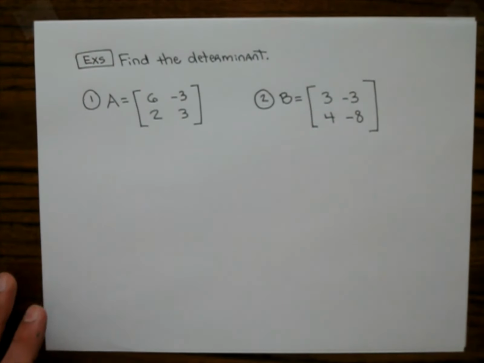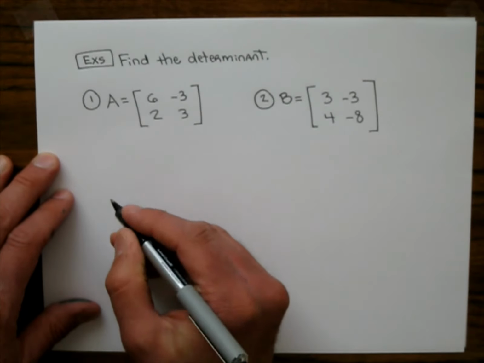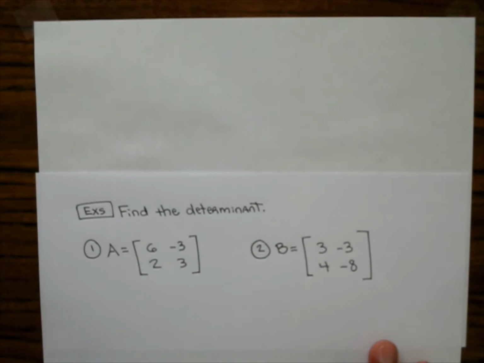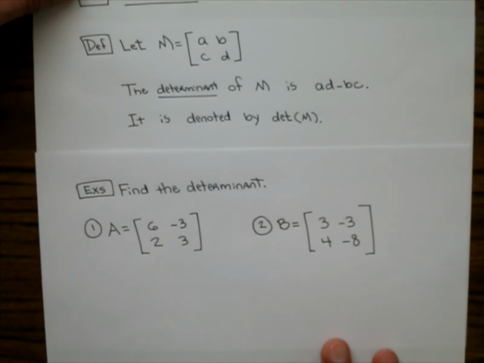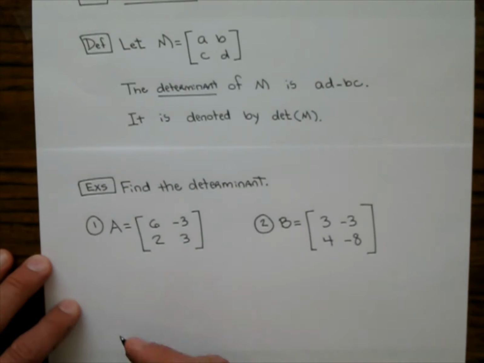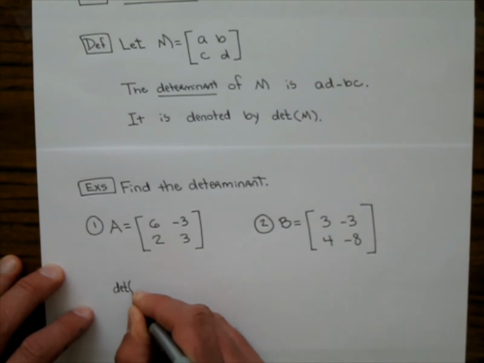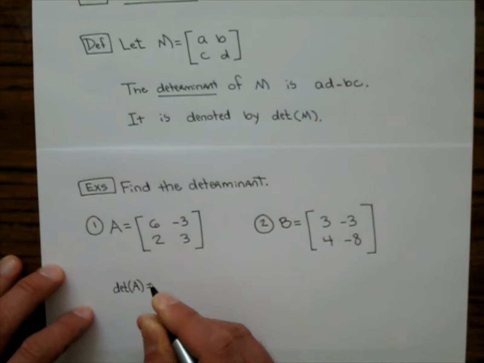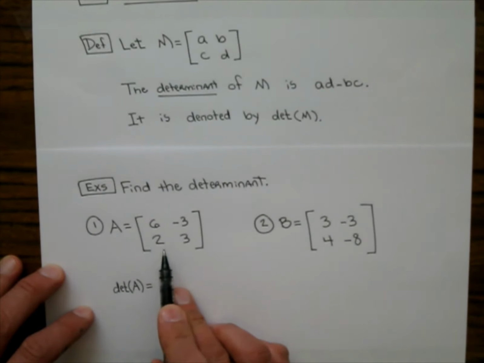the determinants. Okay, so the determinant of this matrix, and actually let me go ahead and bring the definition in there just so we have it for this time. We would go like this. Here's the determinant of matrix A, and this is playing the role of A here, and this is playing the role of B, and there's C, and there's D, so we're going to go AD.